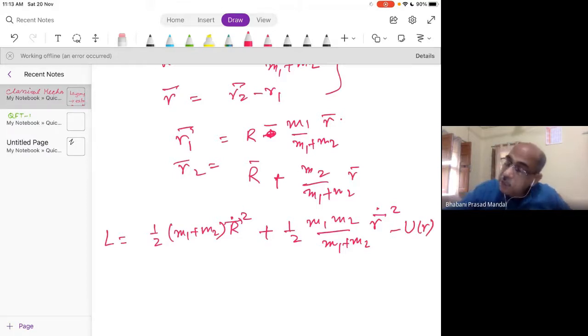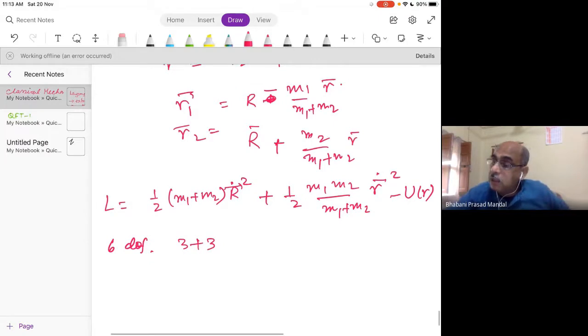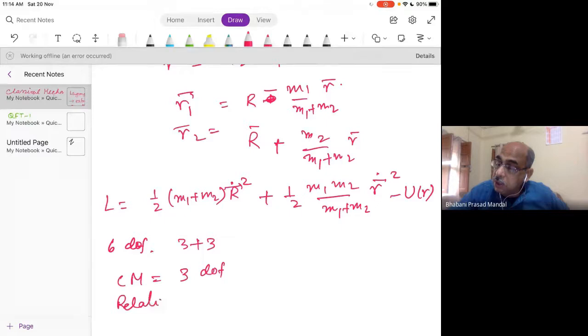So I have 6 degrees of freedom. Remember, first particle is 3, second particle is 3 degrees of freedom. So now that 6 degrees of freedom is now reduced to this Lagrangian, where center of mass has 3 degrees of freedom, related to capital R, and this small r is called reduced coordinate or relative coordinate. Let us say relative degrees of freedom is 3.